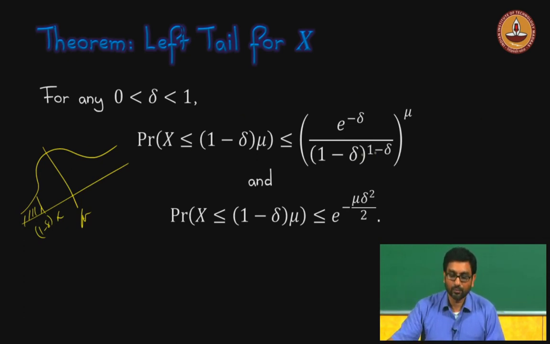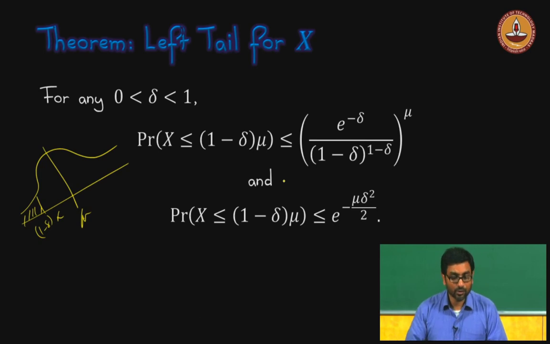That is again at most some quantity, which, if you notice, looks very similar to the type of bounds that we have. And the second form is also there, probability x at most 1 minus delta times mu is at most e to the minus mu delta square by 2, and usually this form is more useful.